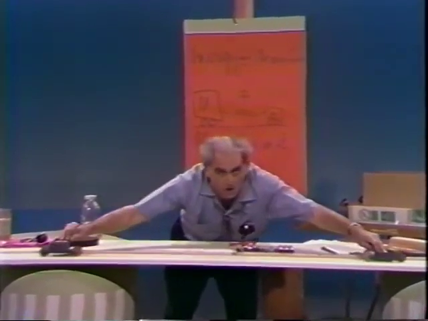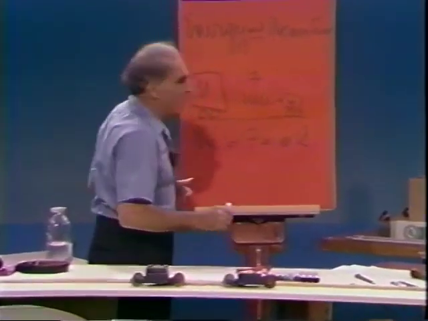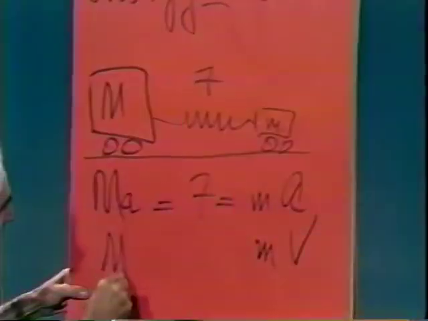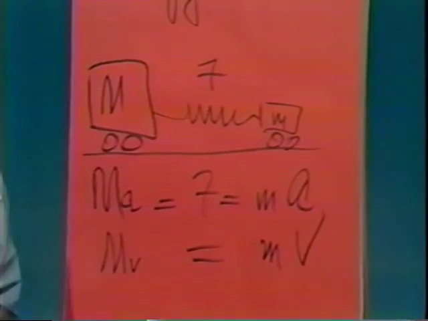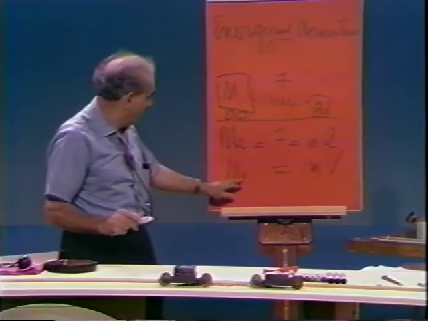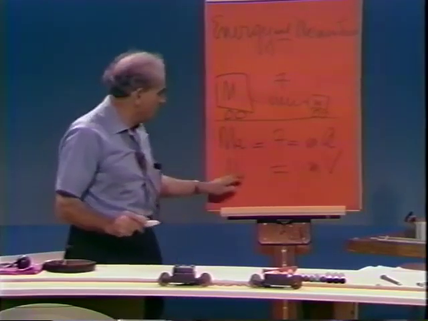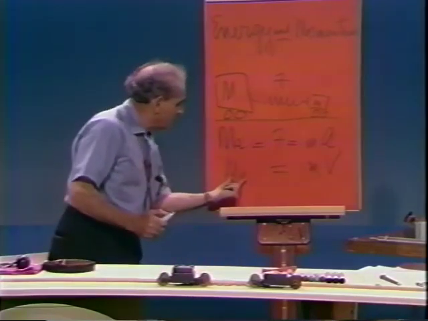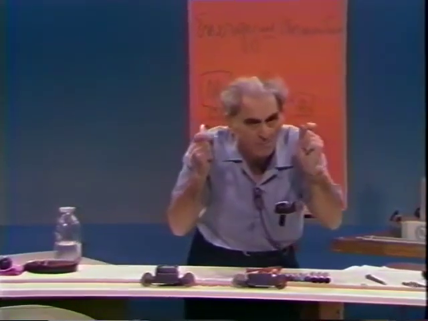Now, we also saw on another occasion that the little car acquired the greater velocity and the bigger car the lesser velocity, and we call the product of m and v the momentum. And it is not unreasonable now to say that because the accelerations are inversely as the masses, the velocities are so, and therefore the momentum of the little car is equal to the momentum of the big car. So their momenta are equal.